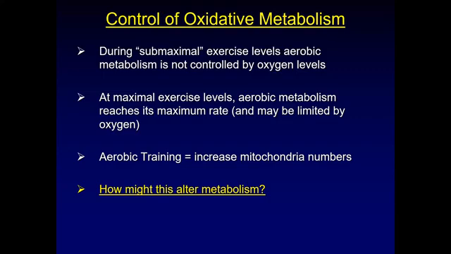Now, application. Okay. Aerobic training increases the number of mitochondria that you have in your muscle. Aerobic training increases these capillaries that are the blood vessels that are right here. How do you guys think that impacts the rate control of metabolism?